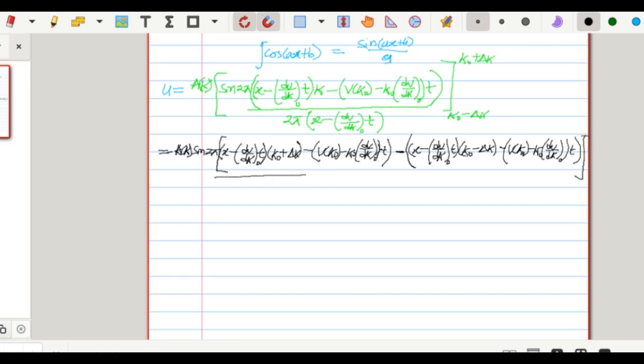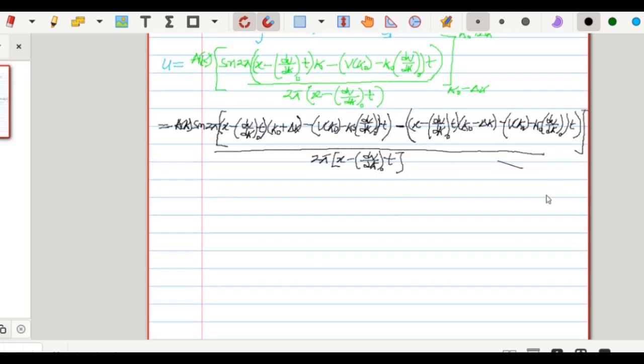And this is all divided by 2 pi into x minus dv over dk naught of t. Let's call this equation 3.